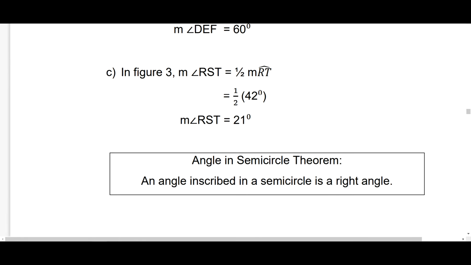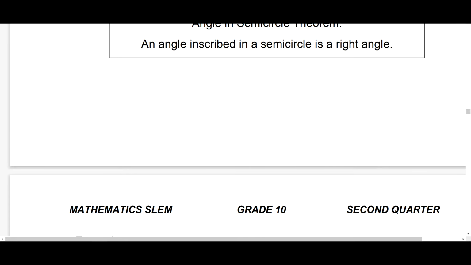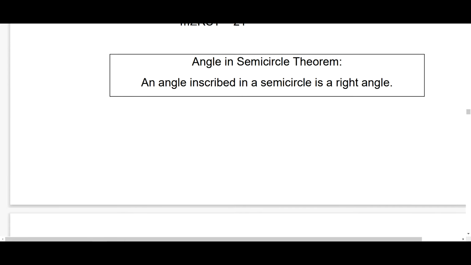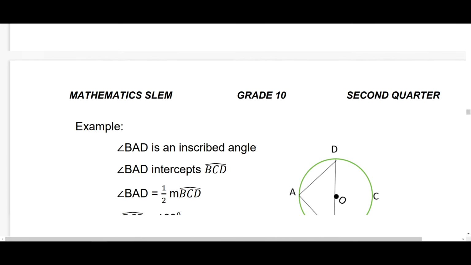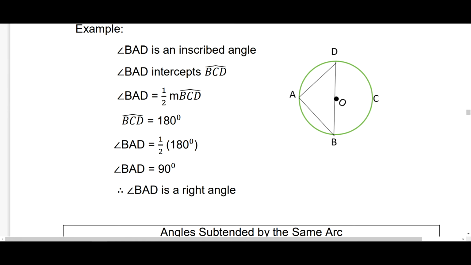Minsan nakakalito lang pag patong-patong na syempre yung nasa figure. Pero tingnan nyo lang maigi yung dulo. Next, an angle inscribed in a semicircle is a right angle. Anong itsura nun? Ito yan. Anong angle to? Ano yung vertex niya? Si A. Angle DAB.